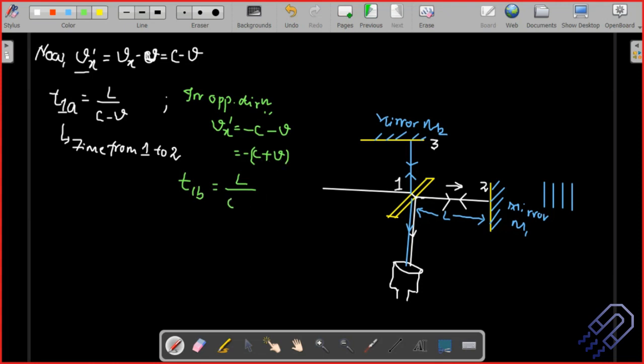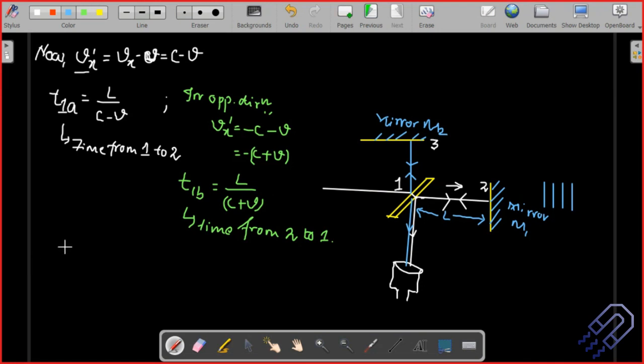So this is c plus v. So that's basically the time from 2 to 1. Okay, understand this. This is just like a story unfolding and why we reach the point that the speed of light will be the same in our medium.